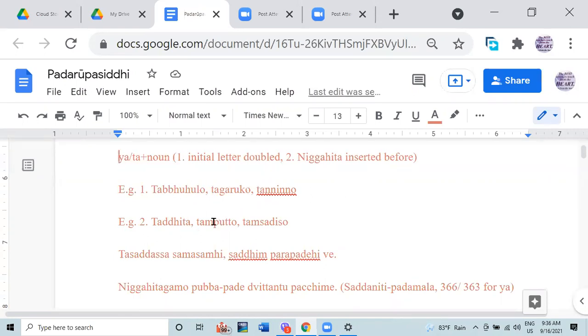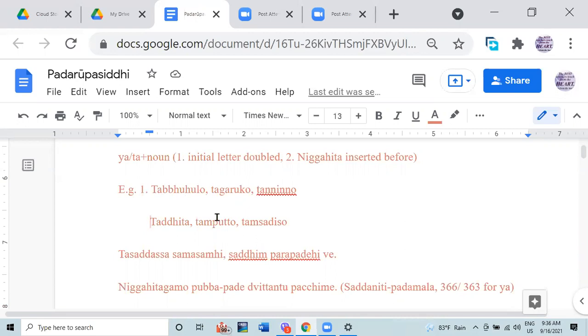For example, tabahulo. Tabahulo is ta and bahula. So ba of bahula is doubled, so we get another ba, we have tabahula.